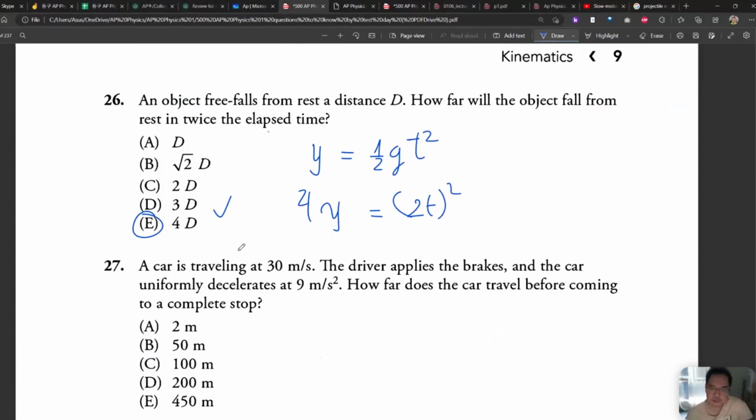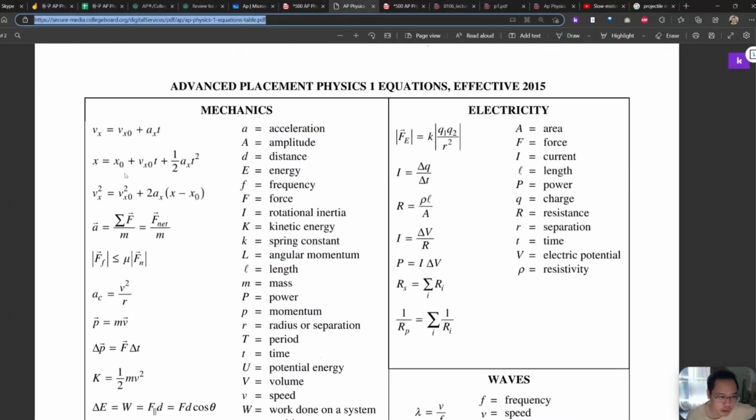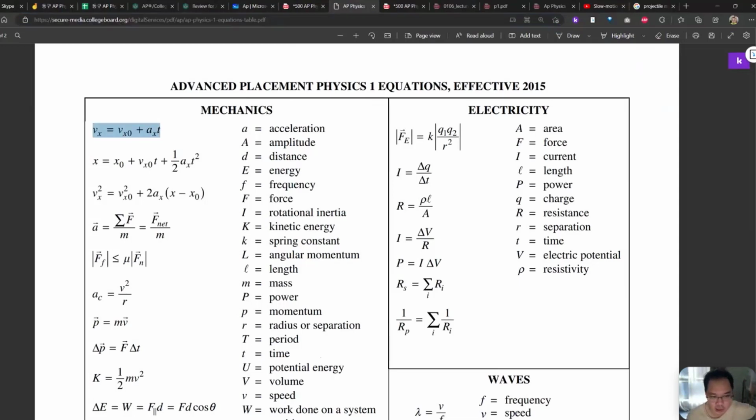27. The answer is B. Traveling at 30 meters per second, the driver applies the brakes. The car uniformly decelerates at 9 meters per second squared. How far does the car travel before coming to a complete stop? You can use this equation to calculate the time, and then use the second equation to calculate the distance.